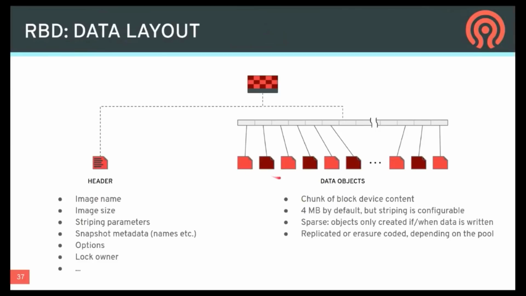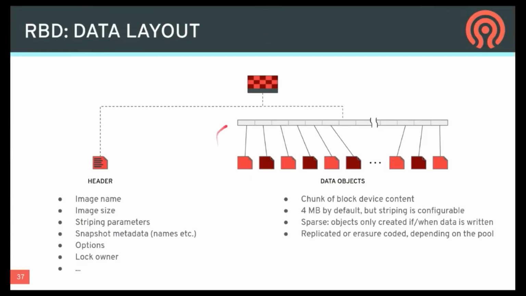By default, these objects are 4 megabytes, but you can configure that to have any sort of striping scheme that you want. And notably, the important thing to remember is that it's sparsely allocated. So when you create a new RBD image, it creates the header image, but no data objects are created. It might be a 4 terabyte image, but it consumes almost no space except for this header.